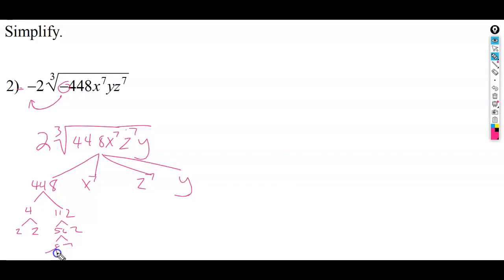And then 8 is 2 times 2. So we have 1, 2, 3, 4, 5, 6 2's in there and a 7. And then we have 7 x's, 7 z's, and a y.